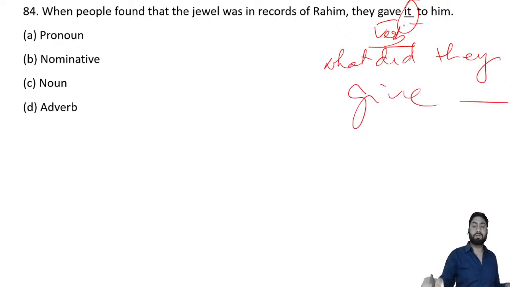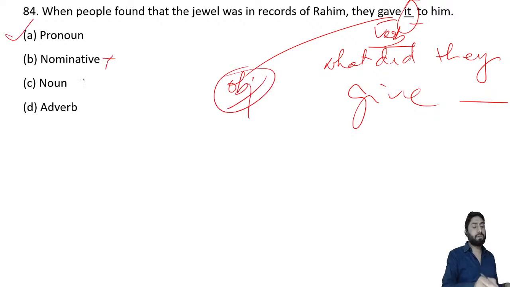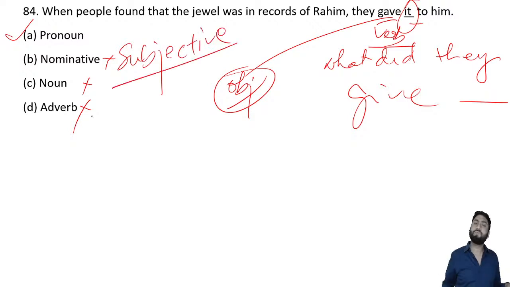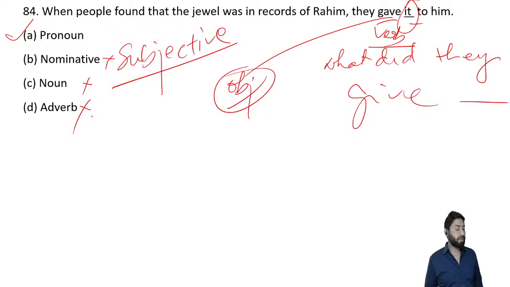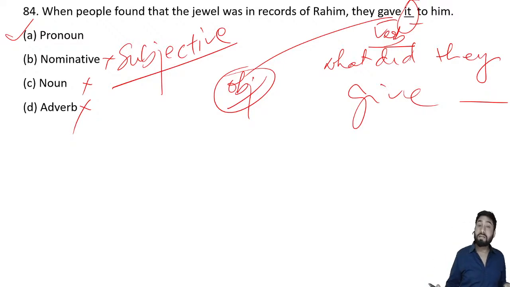Anyway, it's object. और ऊपर से it हमें पता है कि pronoun होता है, बाकी और कहीं पे हमें जाने की जरूरत है नहीं. Nominative is subjective, so let's not waste much time. We are familiar with this, right? कि nominative is subjective and subjective यहाँ use नहीं है उसका. It's objective use of a pronoun it, right, as an object. Noun और adverb का कोई मतलब यहाँ है नहीं.